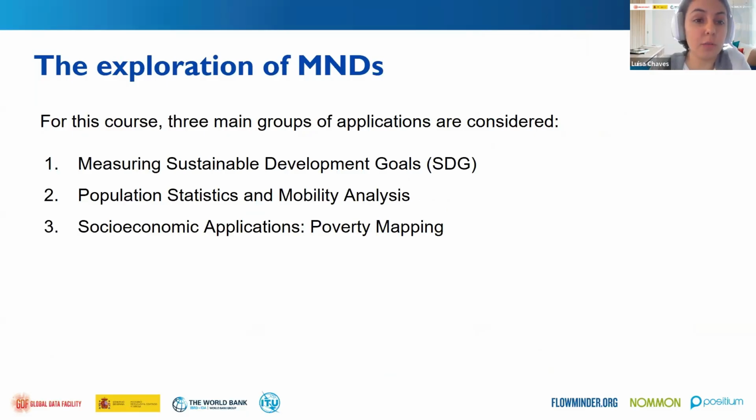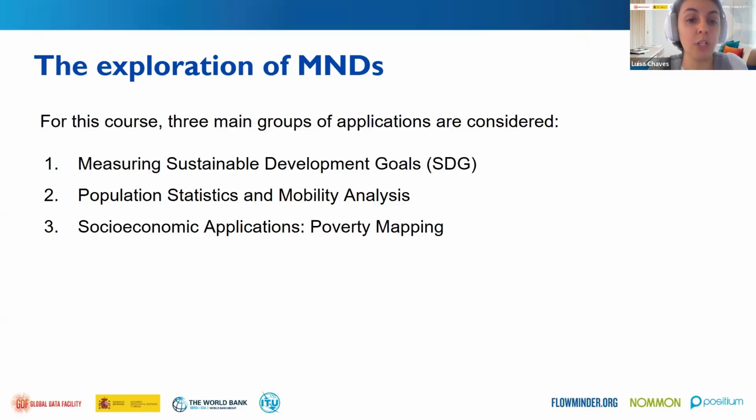So for this 1-hour webinar, we are going to focus on 3 main groups of application. The first one is measuring sustainable development goals. Here, MPD can provide valuable indicators that help us monitor progress toward global development targets, specifically about information society, to measure digital inclusion and connectivity.